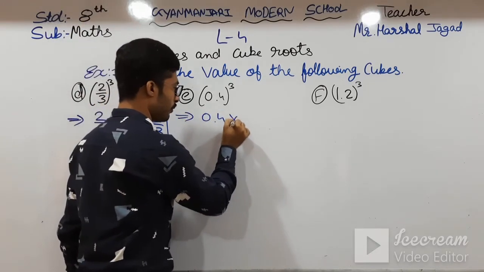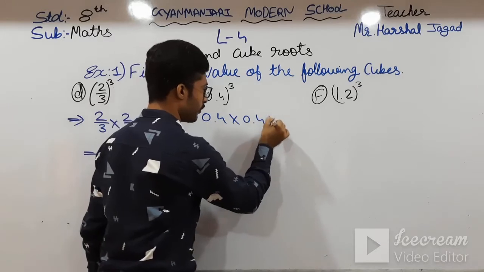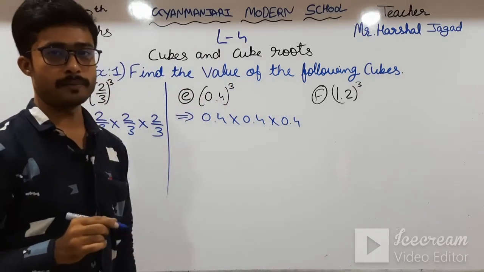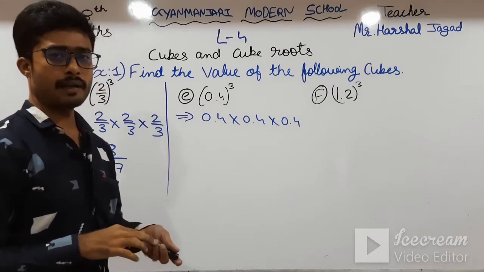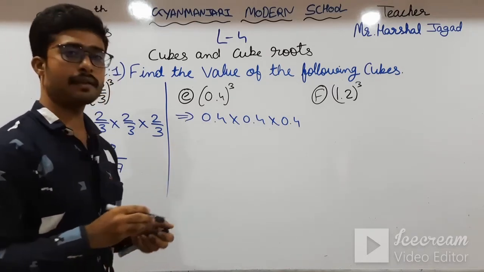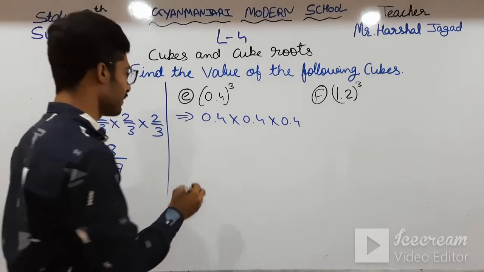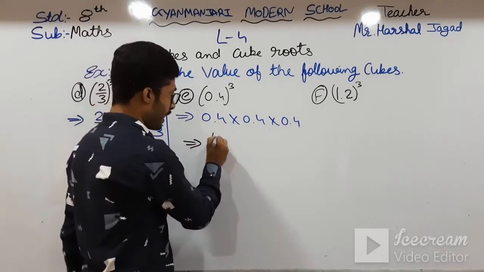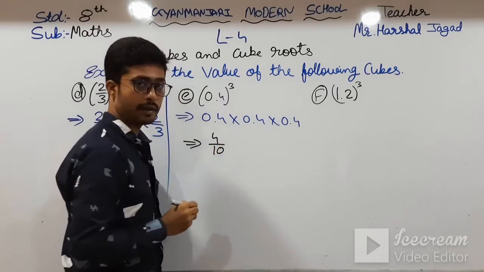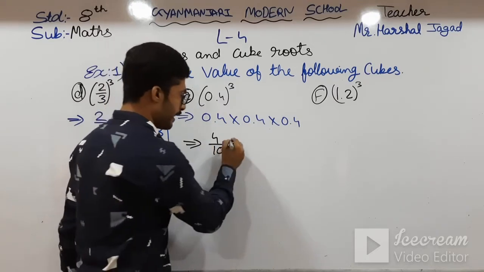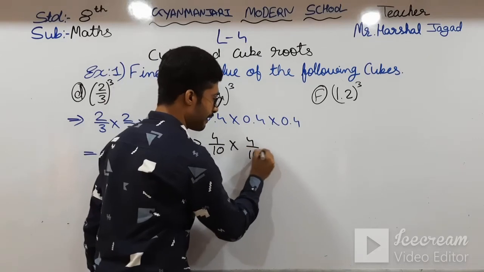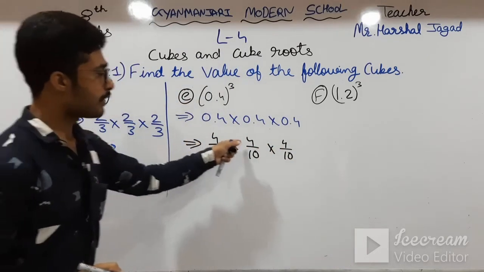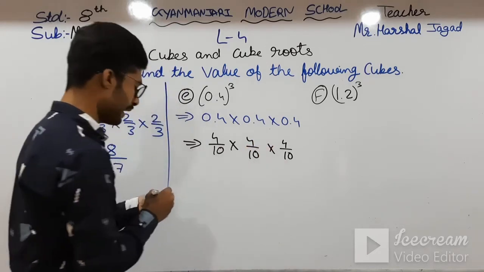Now what will we do for 0.4? 0.4 into 0.4 into 0.4. I will teach you a long method, but you can understand very well by this. If we put 4 by 10, here also 4 by 10, here also 4 by 10. So what is the cube of 4? Can anyone tell me?